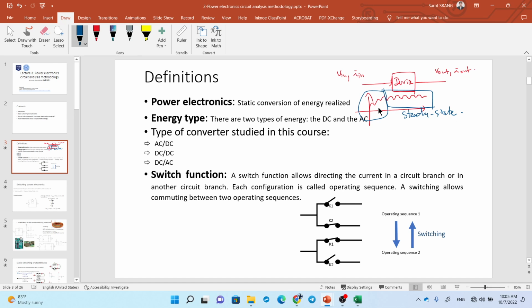Steady state means the waveform repeats itself forever. But for transient, maybe you start from zero. Everything starts from zero before you turn on the switch to operate it. This period is a very short time. We don't need to care about it. We only care about the steady state. So that's why we call it static conversion.